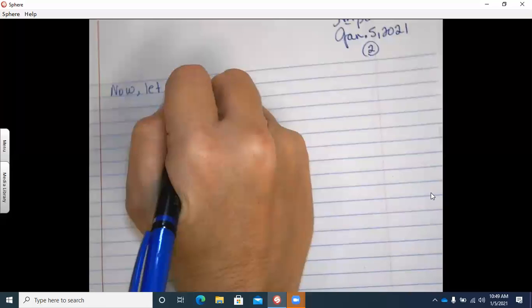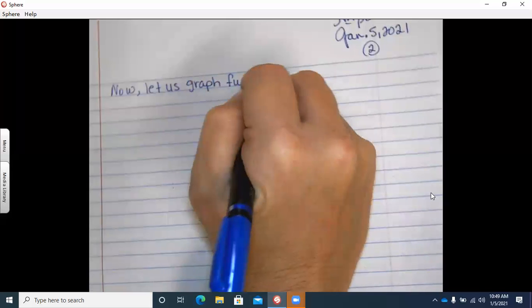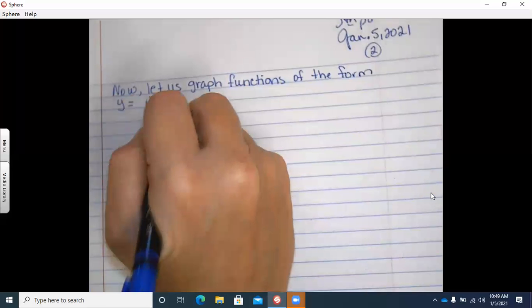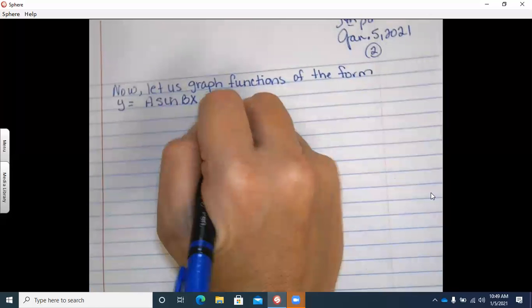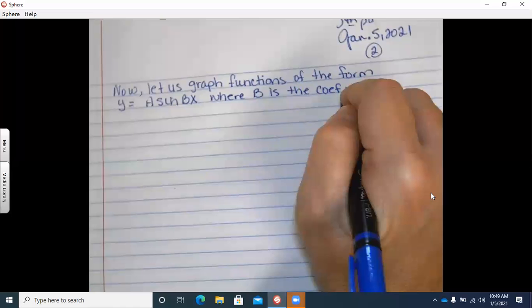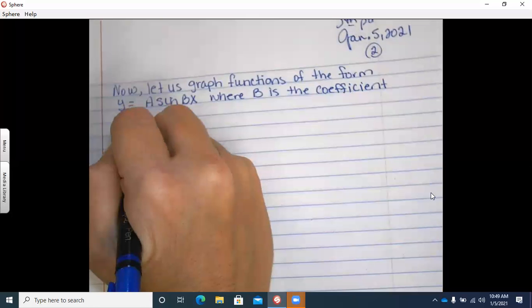All right, now let us graph functions of the form y equals a times the sine of bx, where b is the coefficient of x and b is greater than 0.